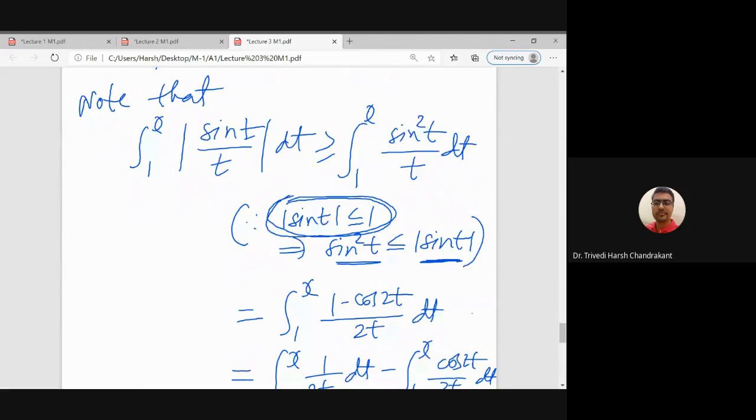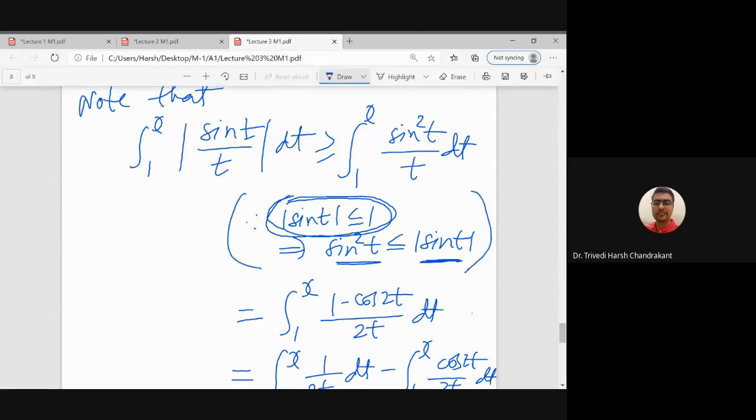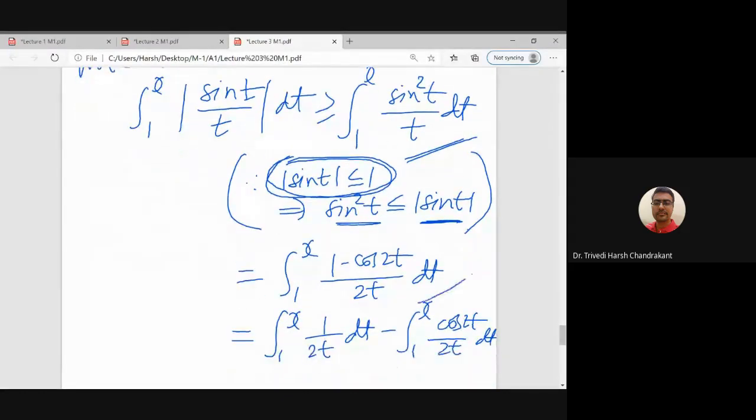Therefore, sin square t is less than or equal to modulus of sin t. Using that, this integral is greater than or equal to the other integral. Then for sin square t we will substitute sin square t equal to 1 minus cos 2t by 2, so we'll get this integral.